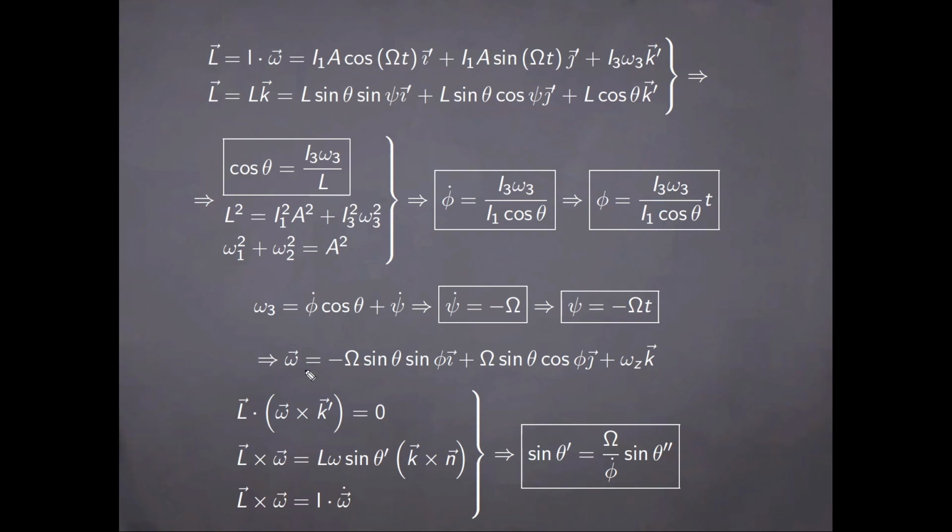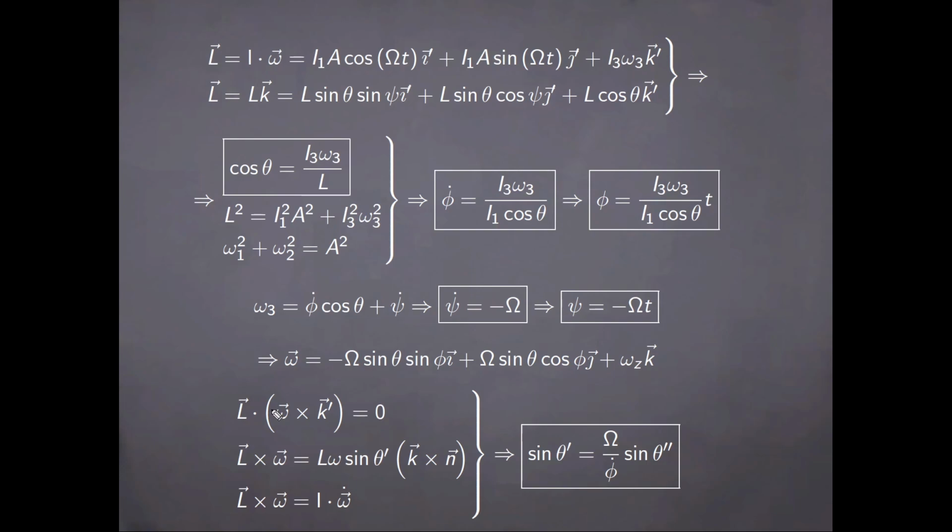Now with this result, we can show another very important point. First of all, we can show that as viewed in the laboratory frame, the angular momentum vector, the angular velocity vector, and the symmetry axis of the rigid body are all in the same plane, and it follows from the fact that this dot product is 0.